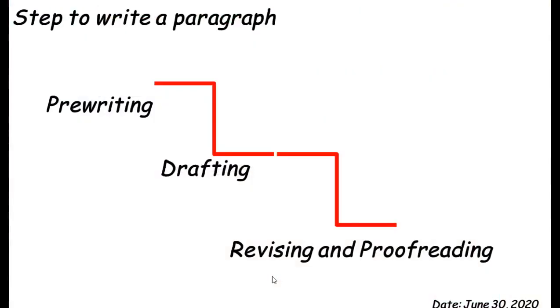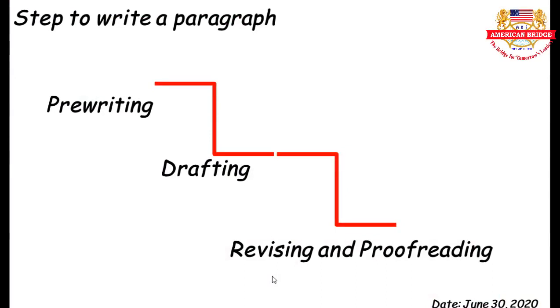But before moving on, teacher would like you to review again the steps to write a paragraph, okay? As you see the format of the paragraph, we have a topic sentence, supporting sentence, and concluding sentence. But before you start writing that, you have to do pre-writing, drafting, revising, and proofreading. So pre-writing, you can outline what comes first, what comes next, okay?